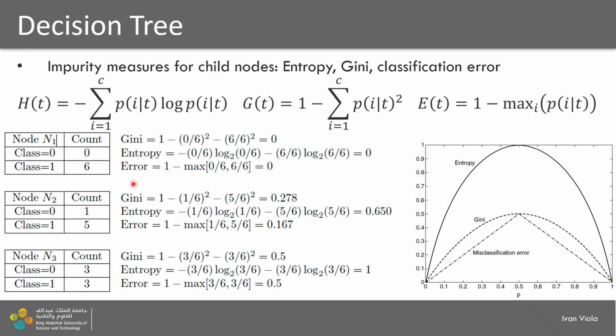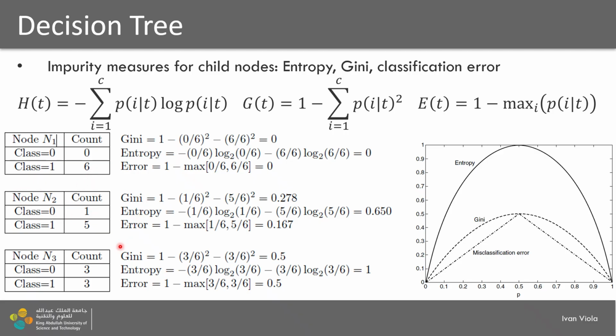Then we have the misclassification error, which is defined as 1 minus the maximum of these probabilities. So we have 1 minus the maximum of 0 divided by 6 and 6 divided by 6, which is 1, and 1 minus 1 is 0. That is the case for two-class classification, where in our node we have 0 elements of one class and 6 elements of the other class.